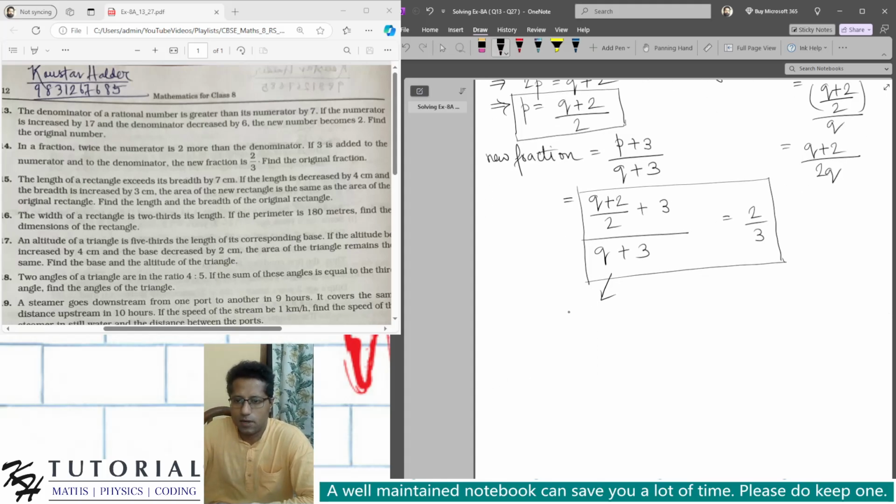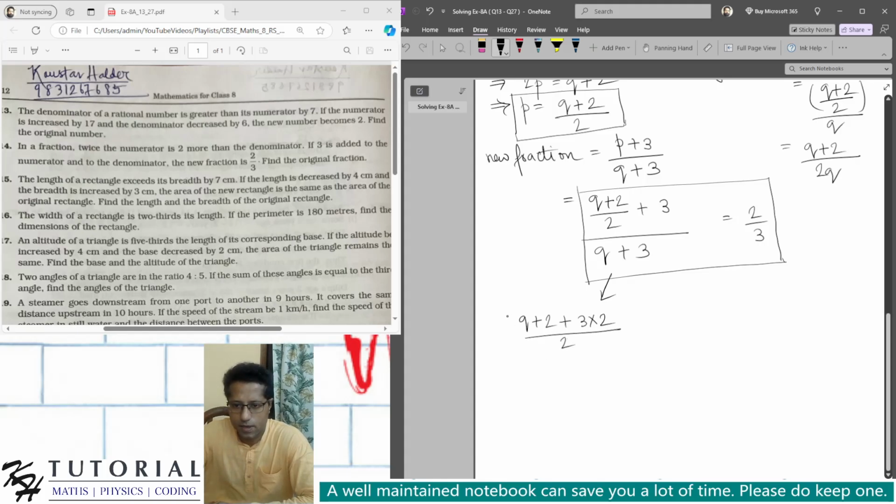Now let's do a little bit of simplification of the LHS. q plus 2 divided by 2 plus 3. If we simplify that, it becomes q plus 2 plus 3 into 2 divided by 2, and we have divided by q plus 3 is equal to 2 by 3.